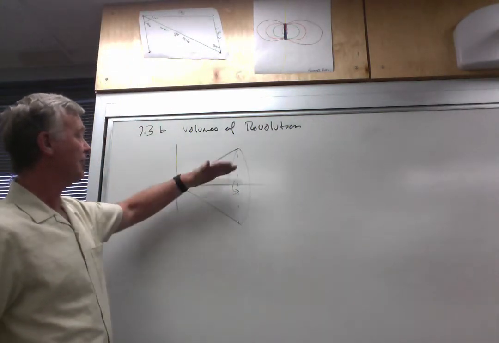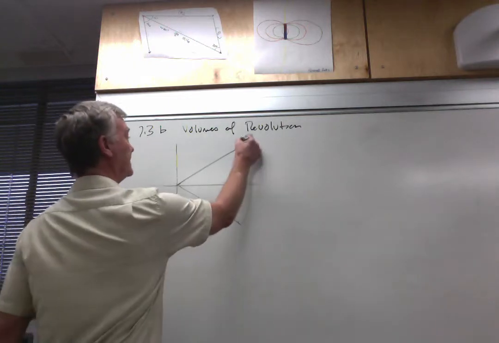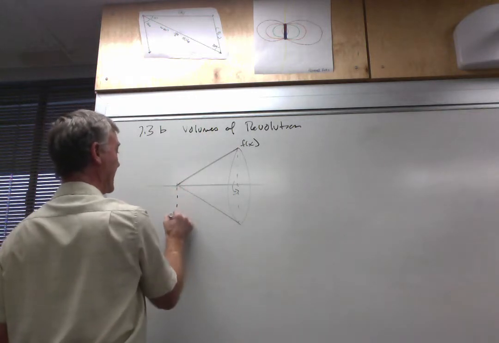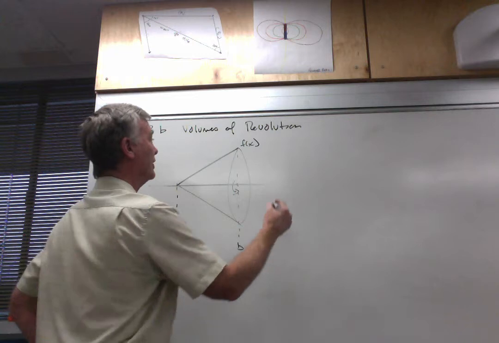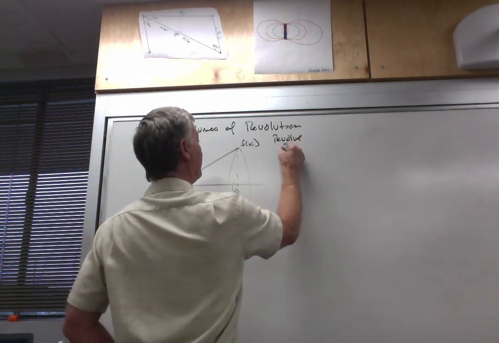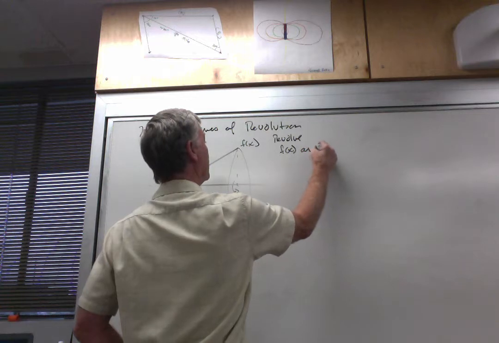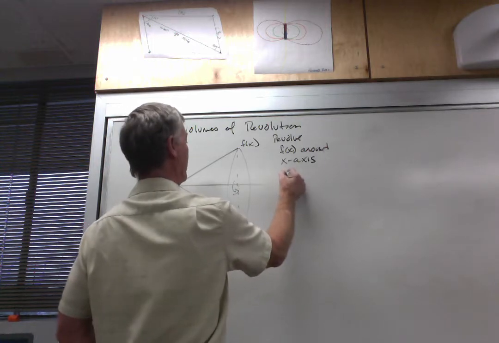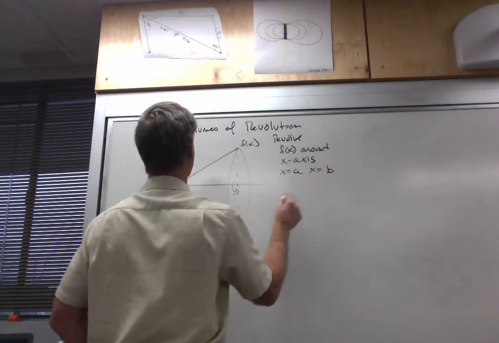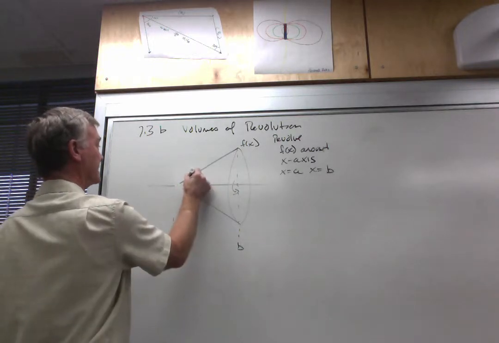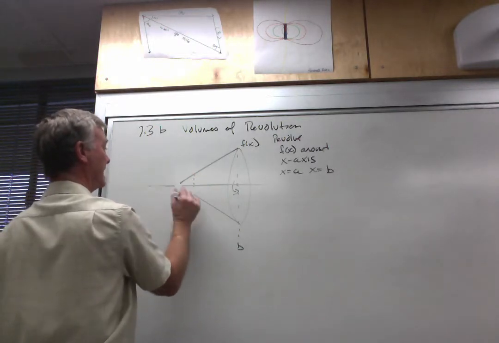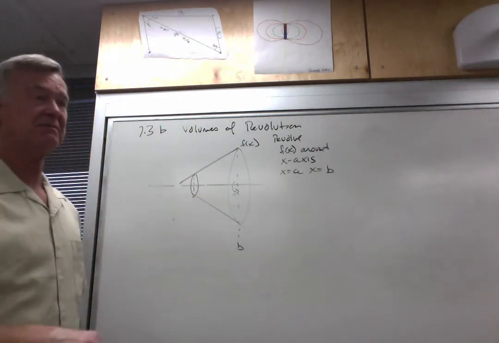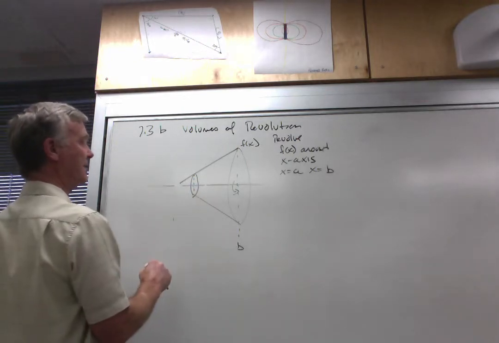What we're thinking is that this is totally enclosed. Now, let me call this line f of x. And let's, for the sake of argument, say that this point is A and this is B. And we would then say we're going to revolve f of x around the x-axis, and we're going to go from x equals A to x equals B. So I actually could move A up like this, in which case what I would have is a truncated cone, or what you might think of as like a platform, like in a circus that somebody could stand on.